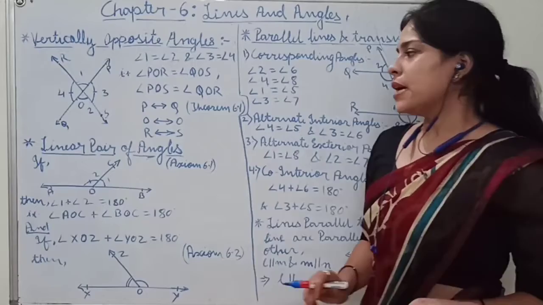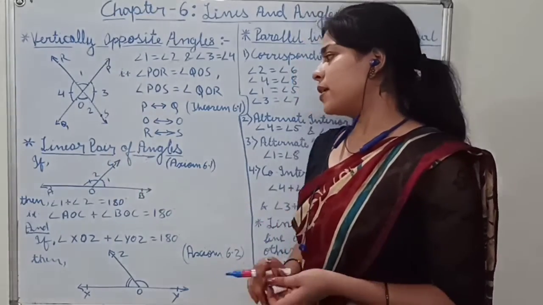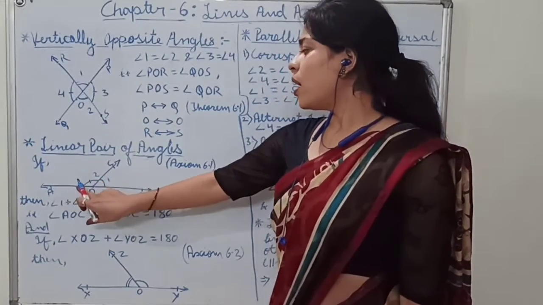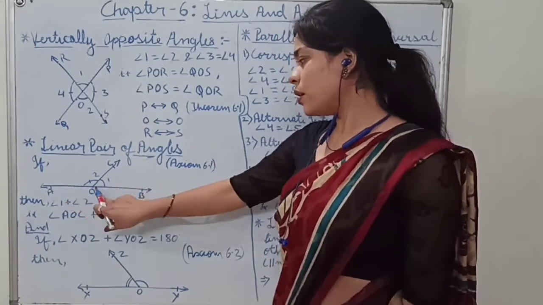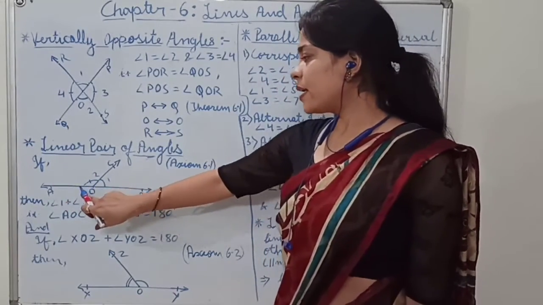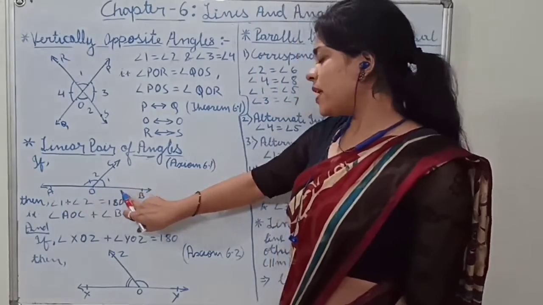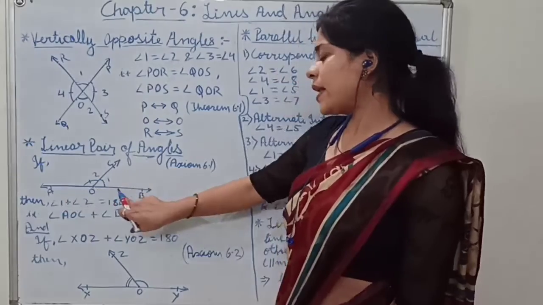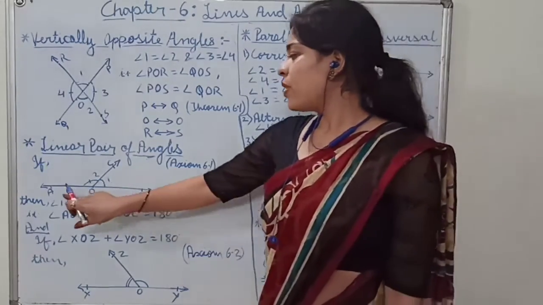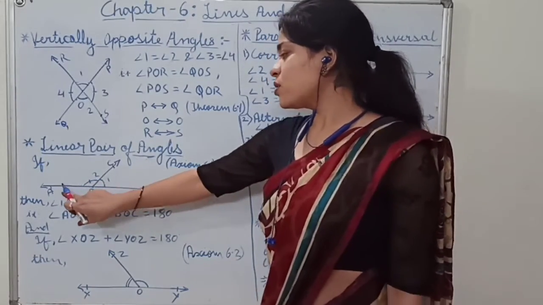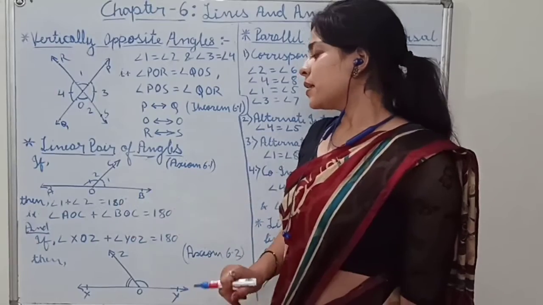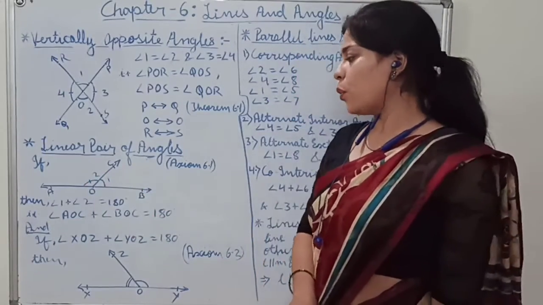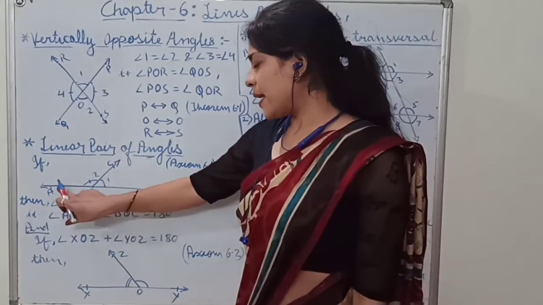Next, linear pair of angles. If a ray stands on a line, like here AOB is a line and CO is a ray standing on the line AOB, then the sum of the two adjacent angles is 180 degrees.